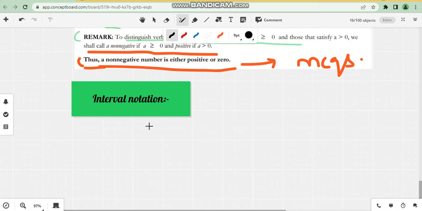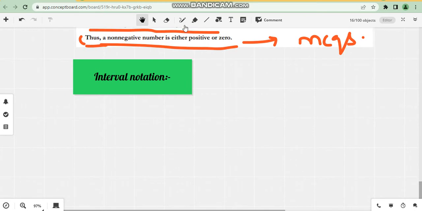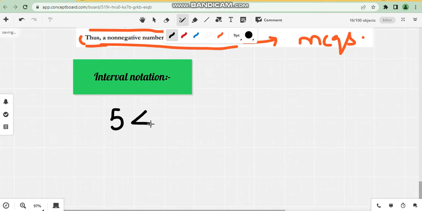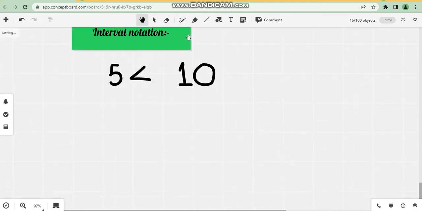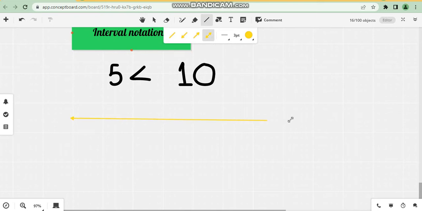For example, I have right here 5 is less than 10. First of all I'm writing 5 is less than 10. I'm going to draw a line.